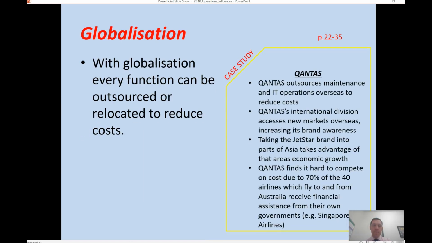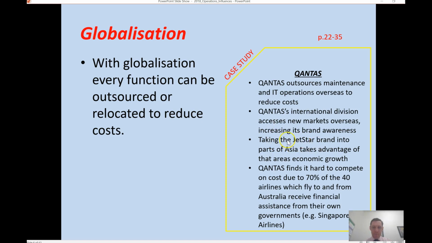Bit of an example in respect to Qantas and globalisation. Qantas, I've mentioned in class before, has outsourced their maintenance function overseas. They've also outsourced their IT operations in an effort to reduce costs. That's a direct example of globalisation and the influence that globalisation has had on operations.